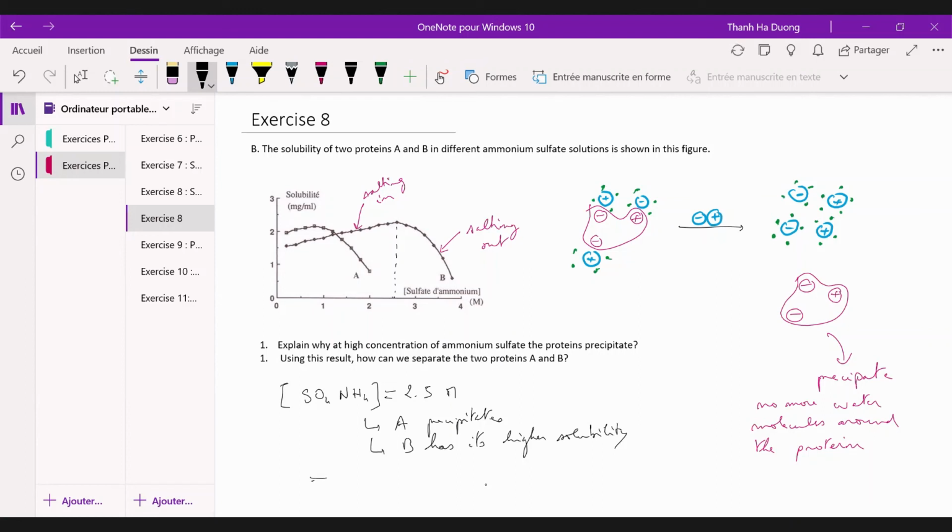It means that you have A as a solid and B as a liquid. So A and B can be separated, right?